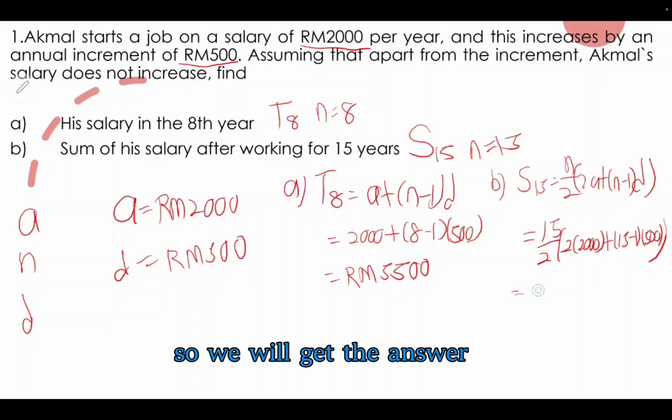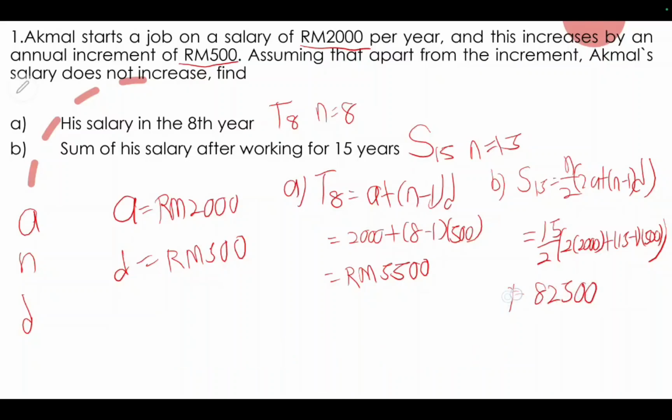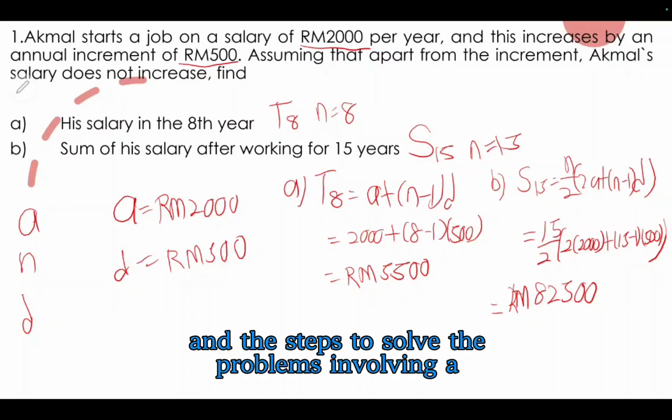So we will get the answer of 82,500. So these are the answers and the steps to solve the problems involving an arithmetic sequence.